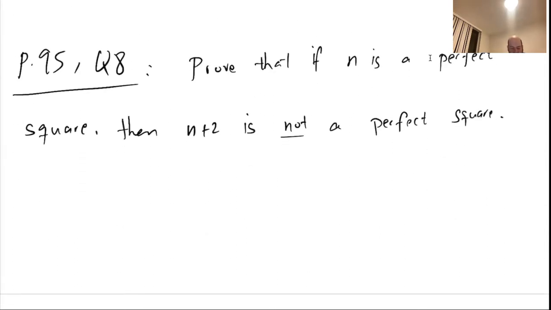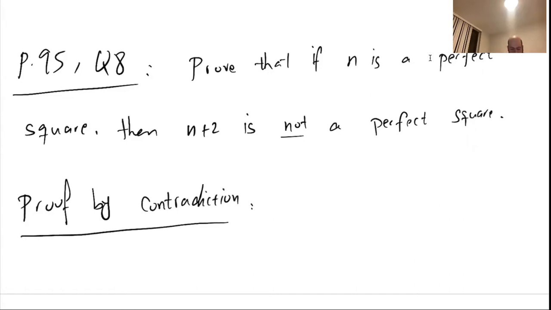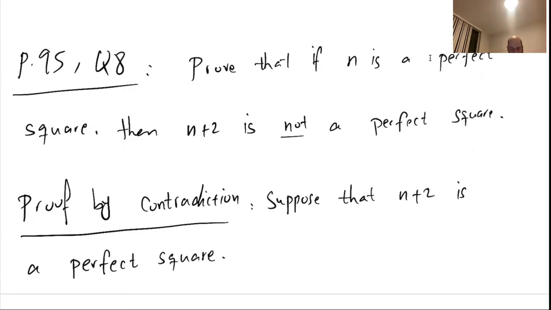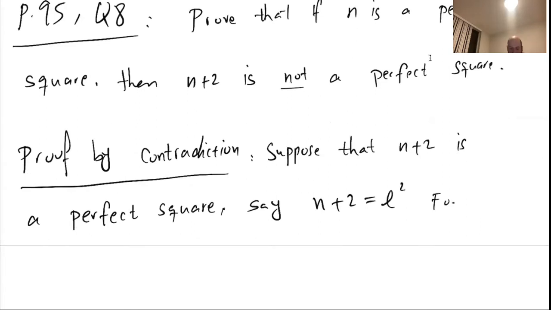So suppose that n plus 2 is a perfect square, say n plus 2 equals L squared for some integer L.